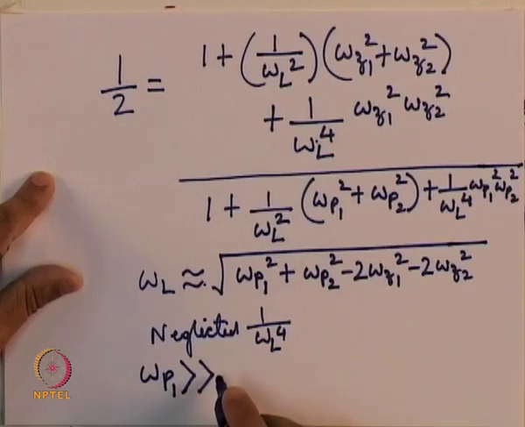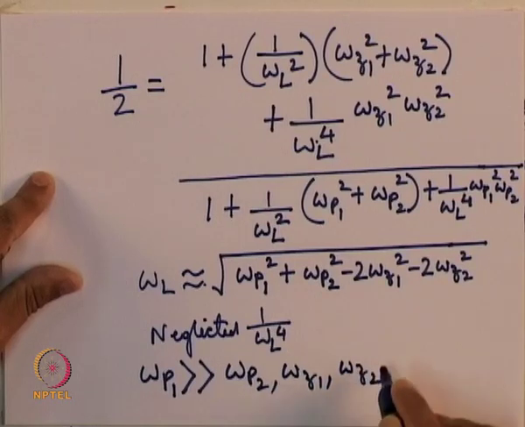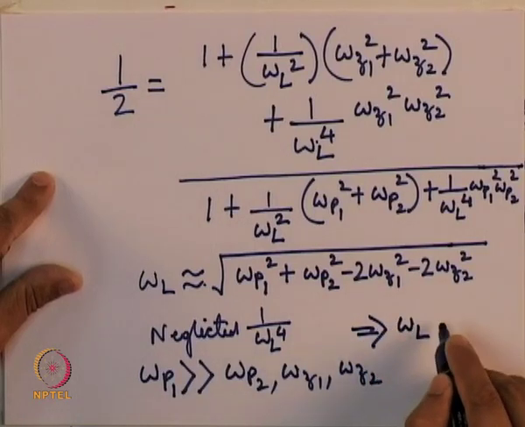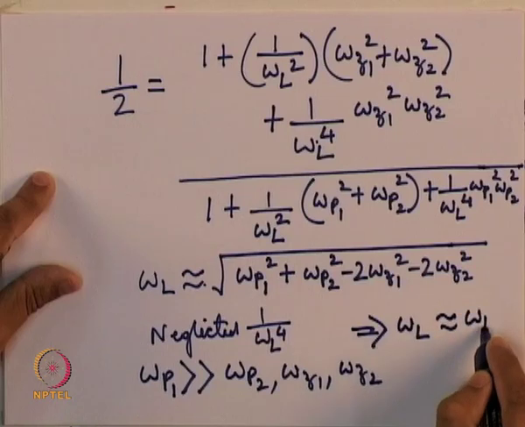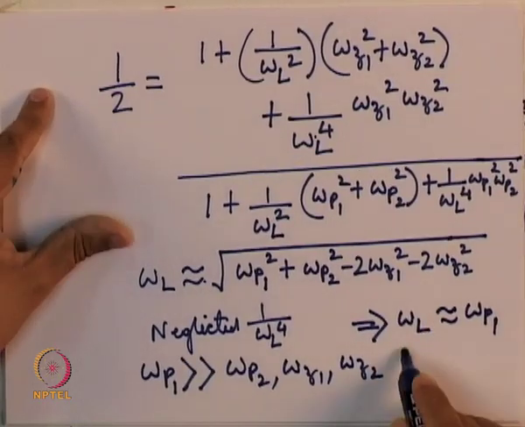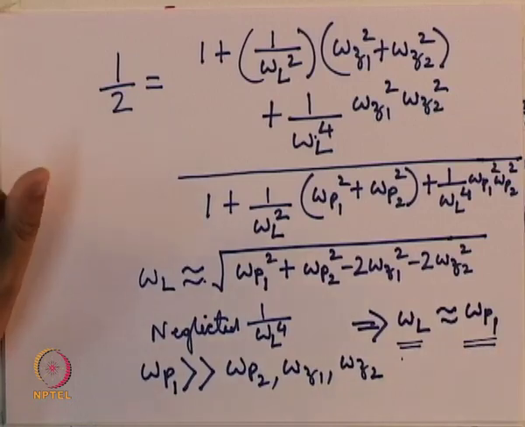So, omega p1 is much greater than omega p2 or omega z1 or omega z2. Then what this implies is that omega L is nearly equal to omega p1, or in other words, the lower cutoff frequency omega L is equal to the dominant pole.